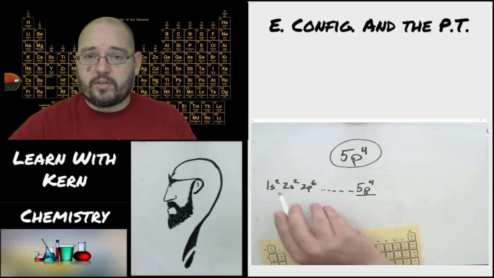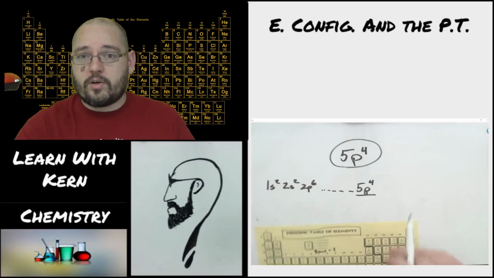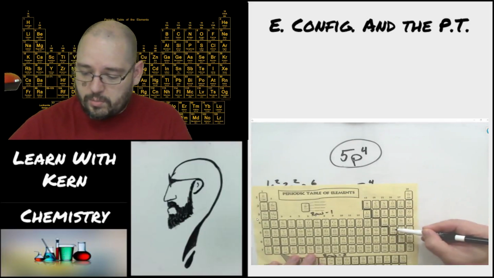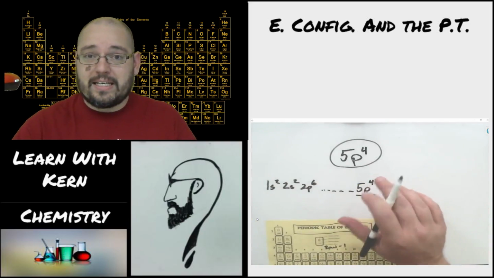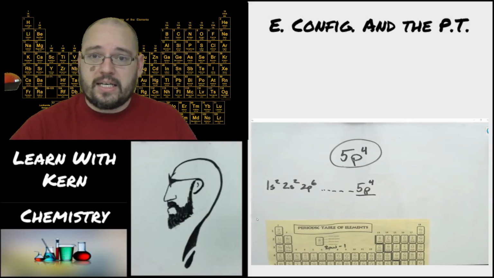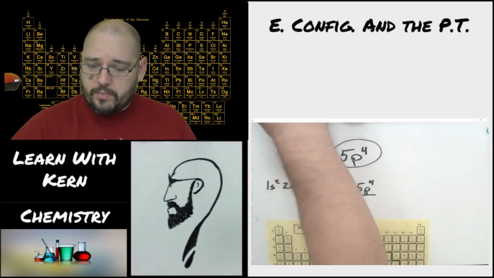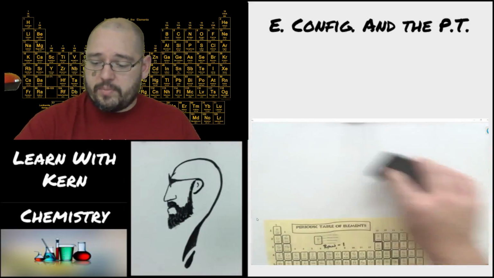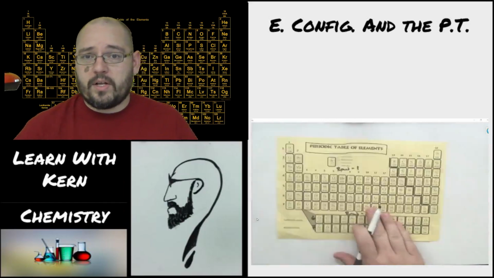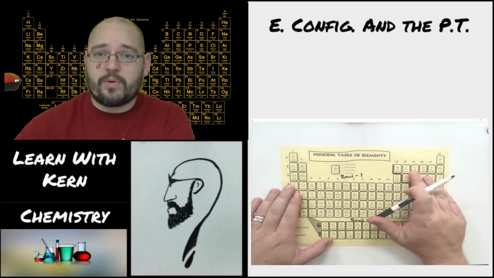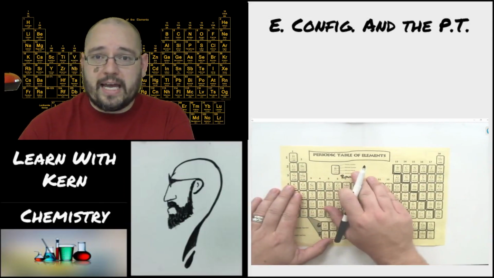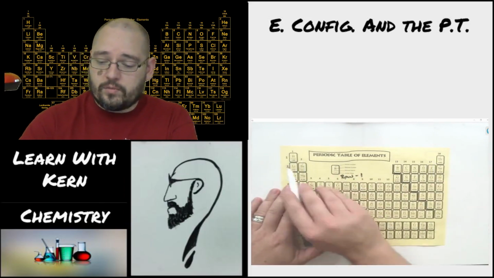Now, if you do it in the correct order and you write the correct numbers there, then all of those numbers should add up to the number of electrons, 52. And that's the shortcut, the easy way of checking your answers with the periodic table and knowing how the periodic table shows you where things are. So the Aufbau sequence is actually in the periodic table if you just look at the rows.